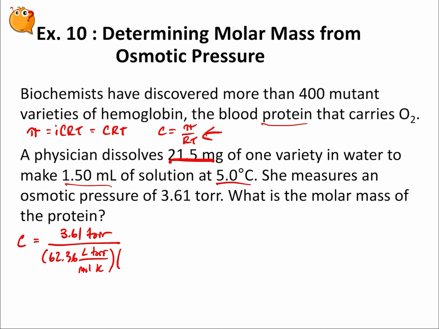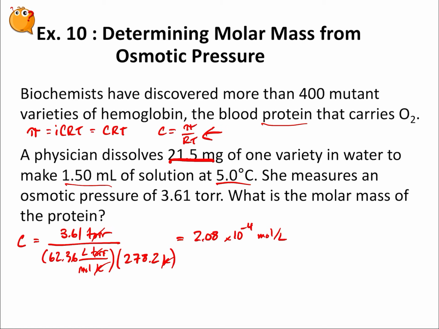So we have 5 degrees Celsius, so that's equal to 278.2 Kelvin. And the units of Kelvin will cancel, the units of torr will cancel, and we get our final concentration here as 2.08 times 10 to the minus 4 moles per liter.